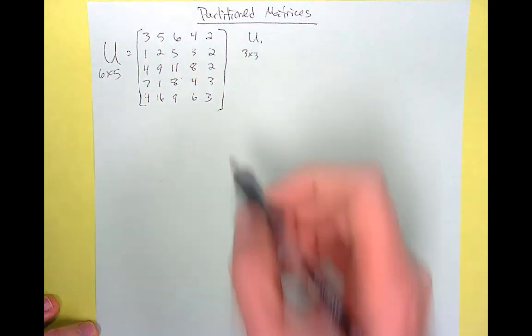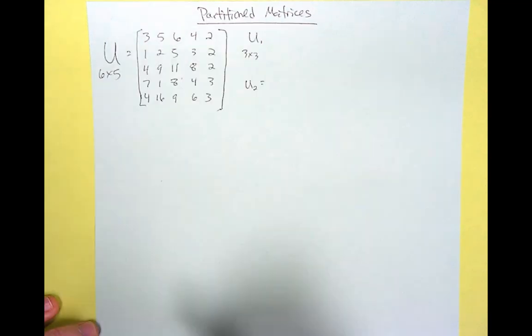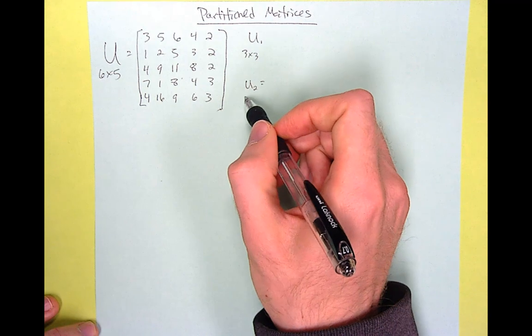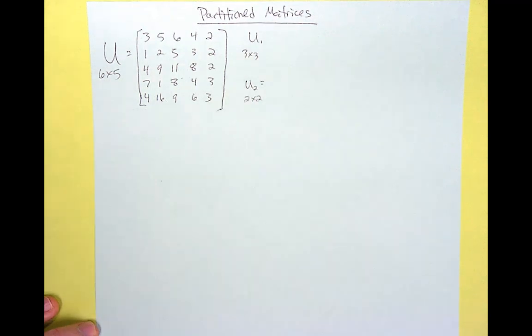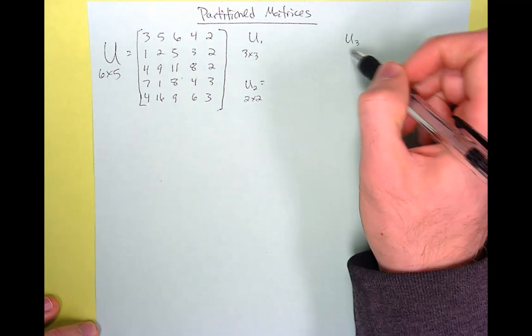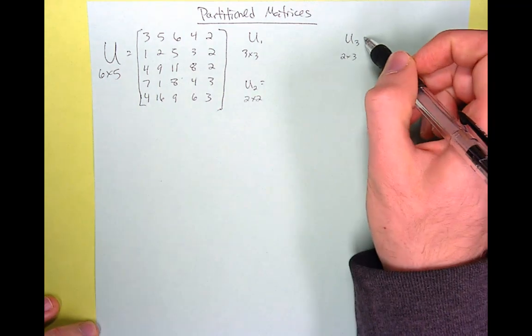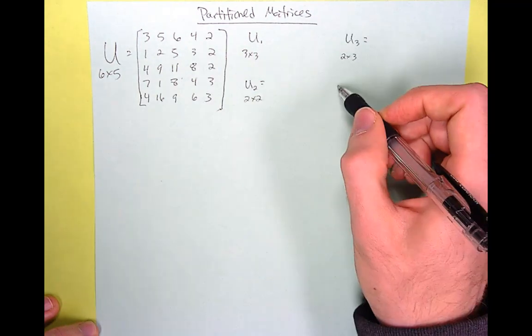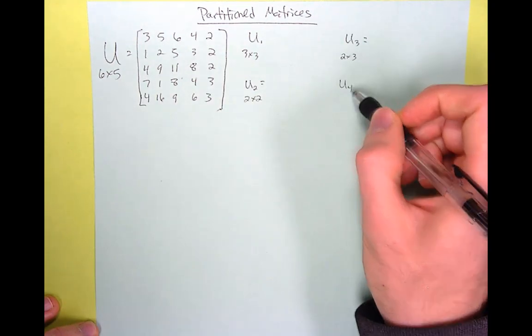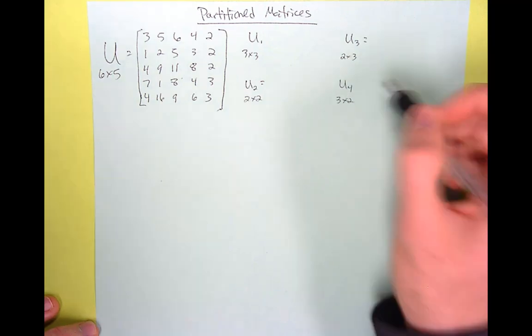We're going to have U2 be a 2 by 2 matrix. We're going to have U3 be a 2 by 3 matrix, and U4 be a 3 by 2 matrix.